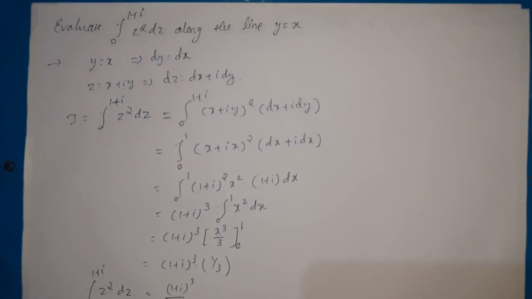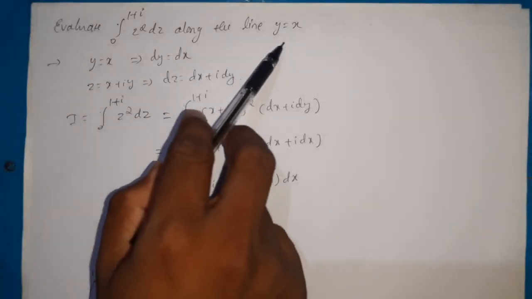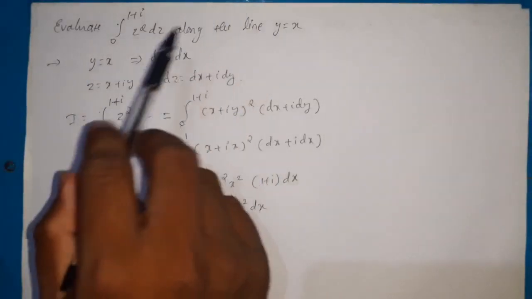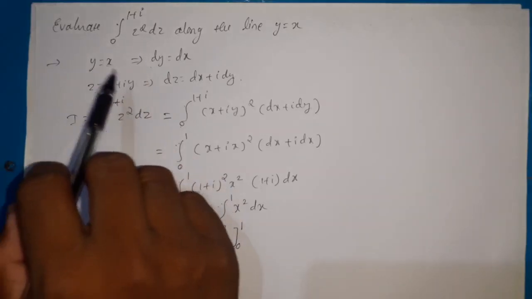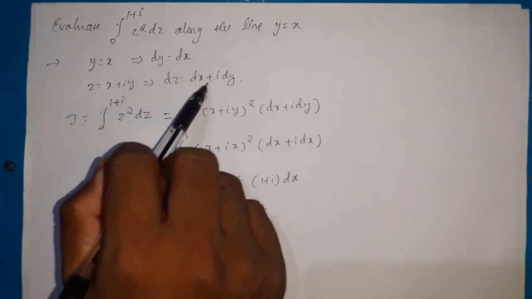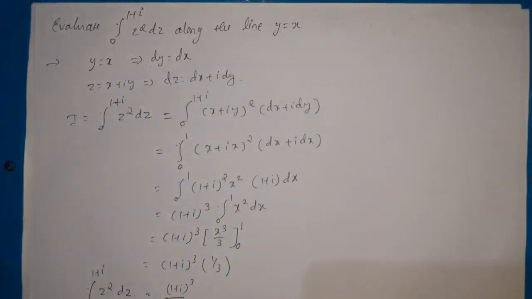Here two steps are common in these examples. One is to use the given equation of the line for the substitution, and also replace z by x plus iy and dz by dx plus i dy, and then simplify in such a way that the function is a function of a single variable, and then integrate with respect to x or y.